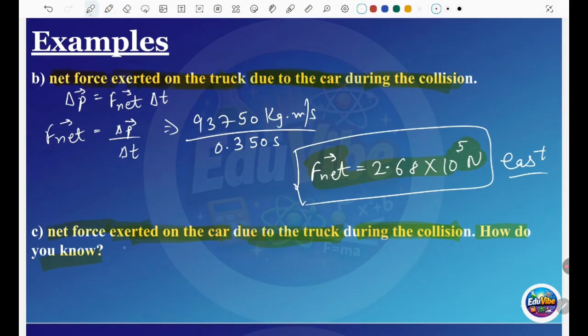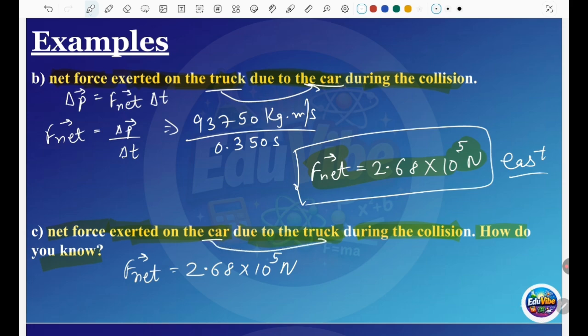You just write that the net force is the same as this net force, which is 2.68 × 10^5 newtons. But this is the opposite one. This is the truck-to-car collision, and that was the car-to-truck collision. So you write this net force is 2.68 × 10^5 newtons, but it should be in the west direction.